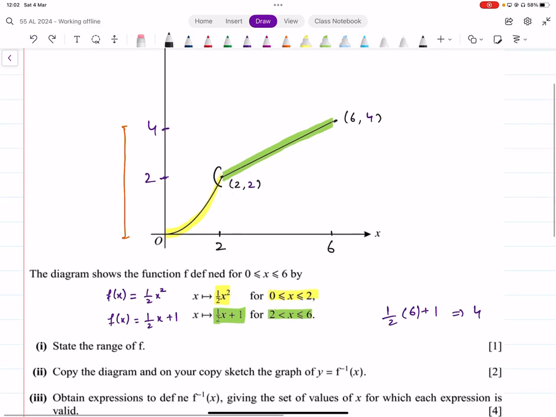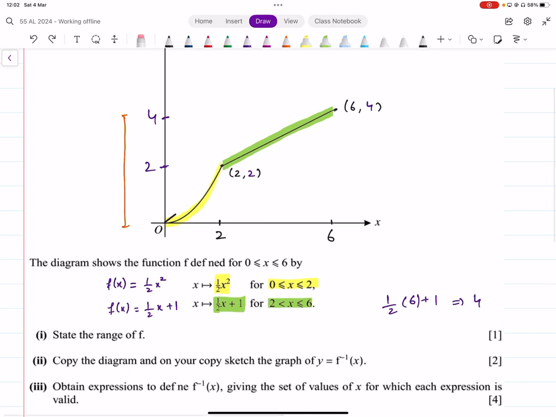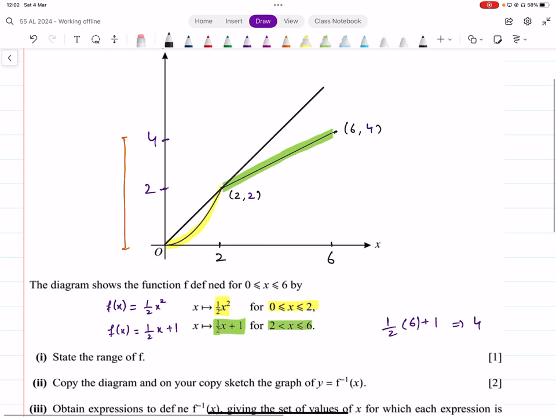Right? So the y equals x line would look like this. This is the y equals x line. The graph will essentially reflect in it.